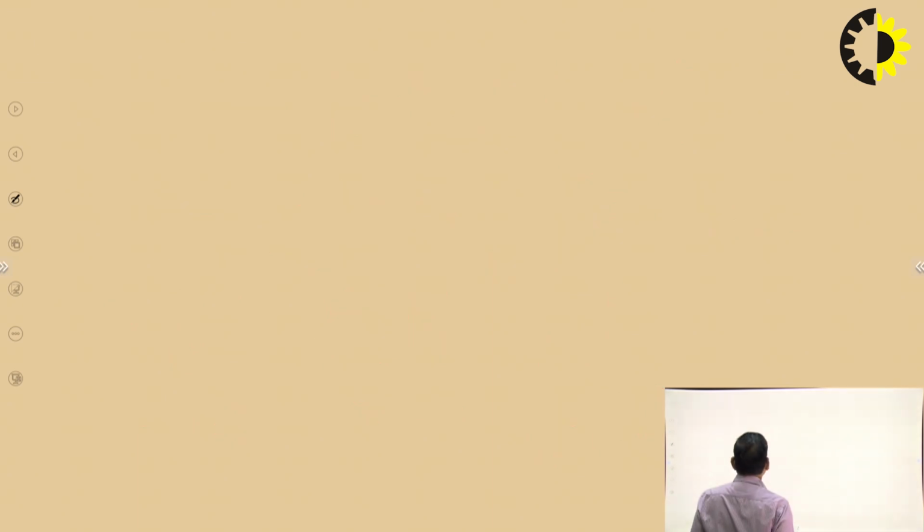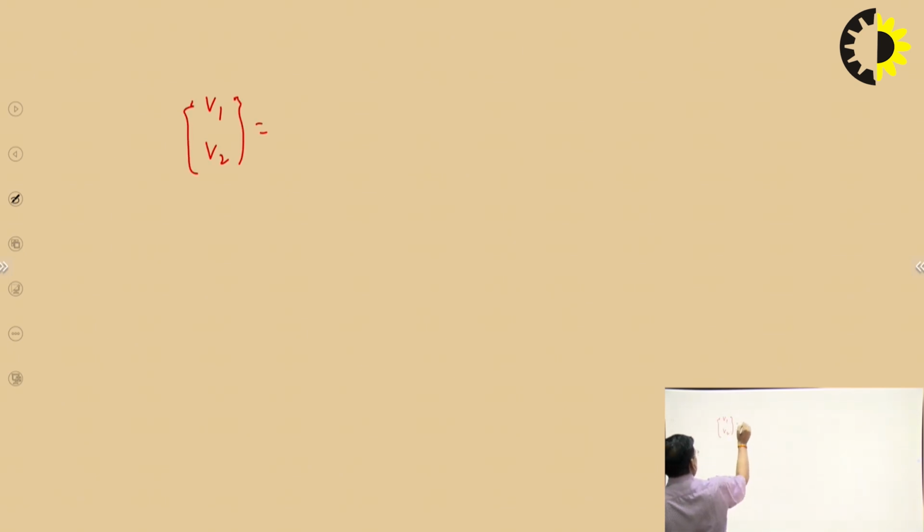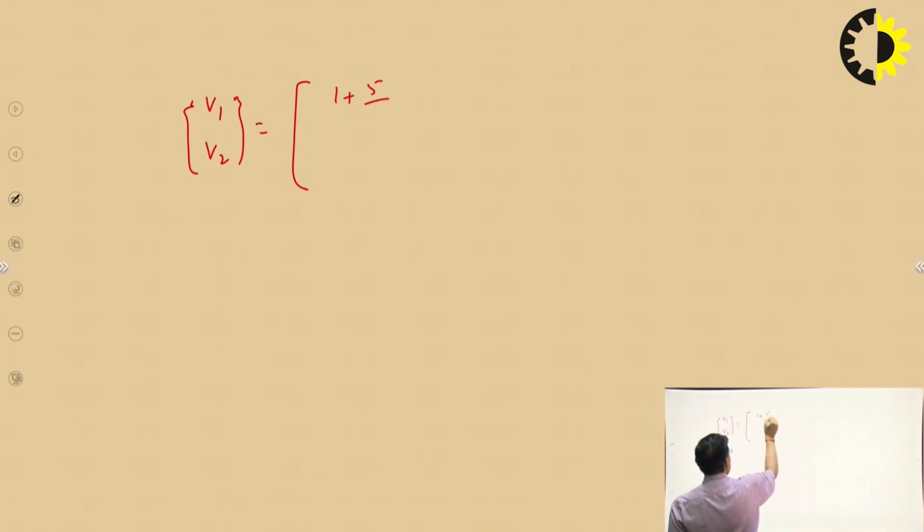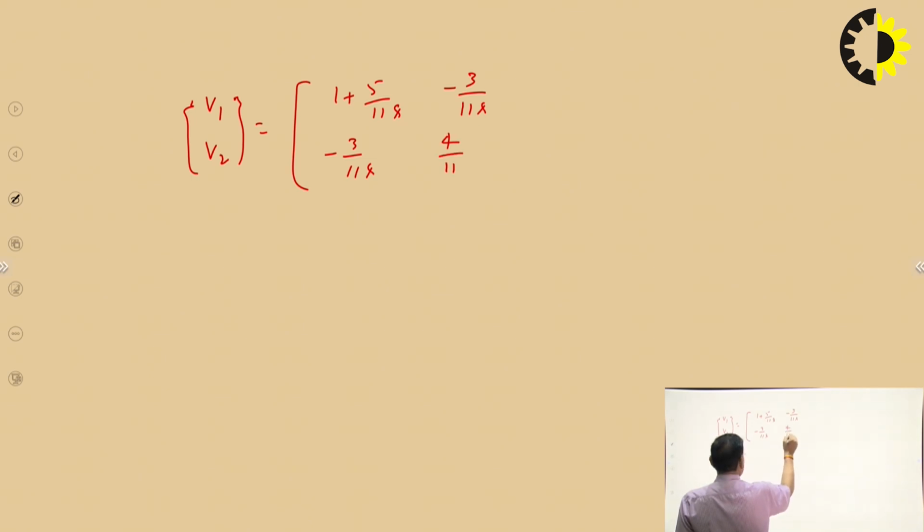So B1, B2 is the inverse of this matrix, 1 plus 5 by 11s, minus 3 by 11s, minus 3 by 11s, 4 by 11s plus twice s.